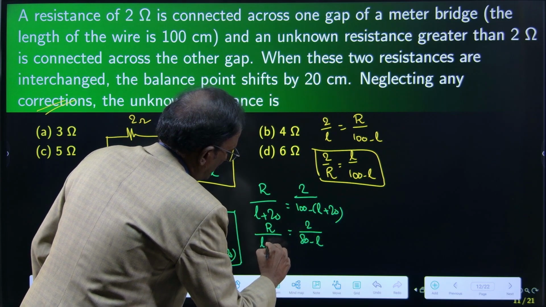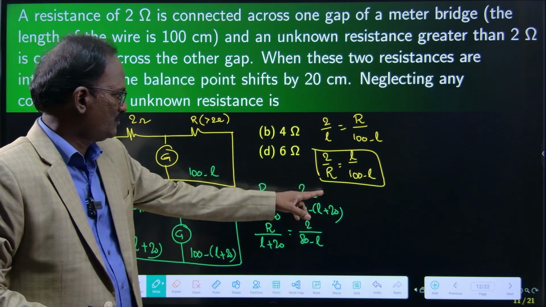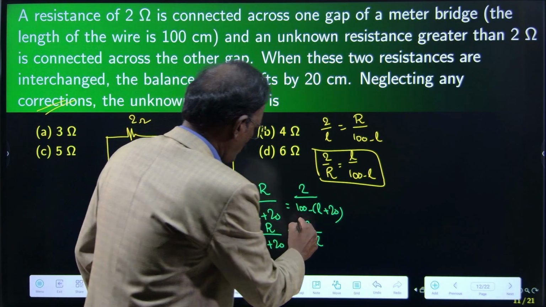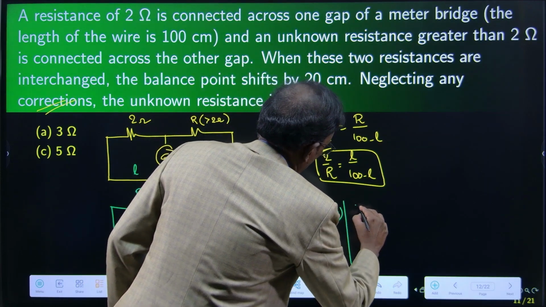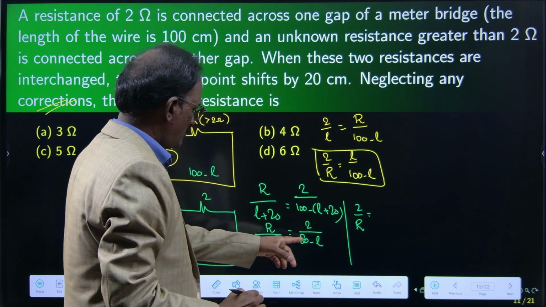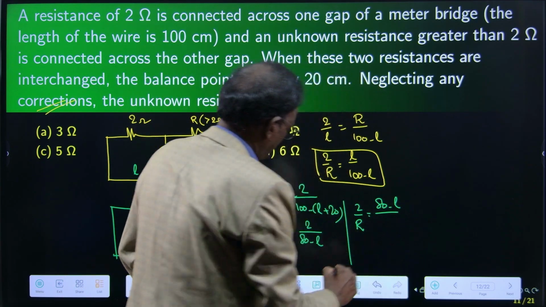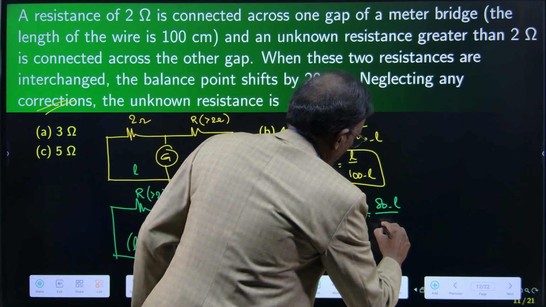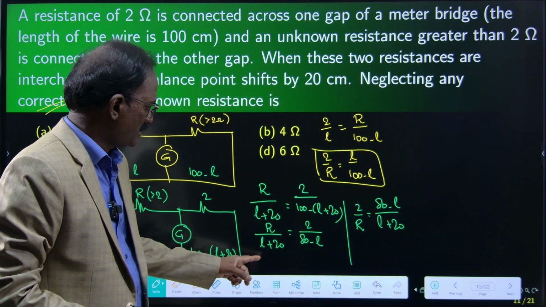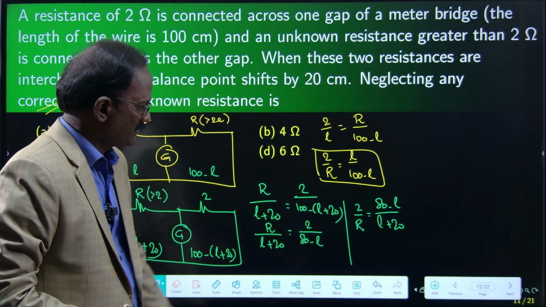This side it is R divided by L plus 20. Here it is 2 by R. Here also I want to have 2 by R. So 2 by R is equal to 80 minus L divided by L plus 20.